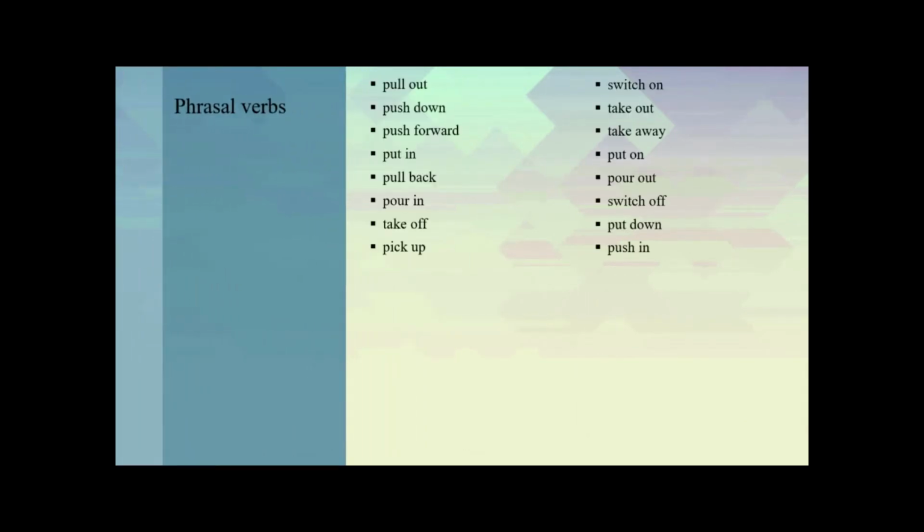Let's take a look at these phrasal verbs. Now, what do you notice about the verbs? Very good. They have 2 parts, a verb and an adverb. For example, pull out.